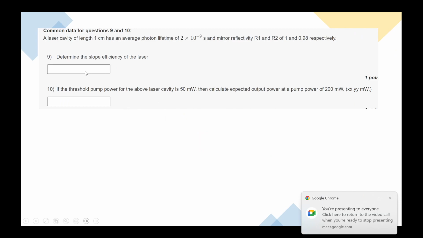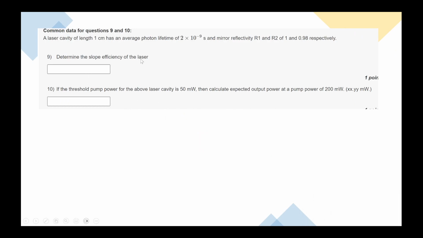Okay. So here we were. Determine the slope efficiency of the laser. So how you can determine the slope efficiency? Slope efficiency formula: eta E is equal to c tau_p h nu upon L, 2L, ln 1 upon R2.